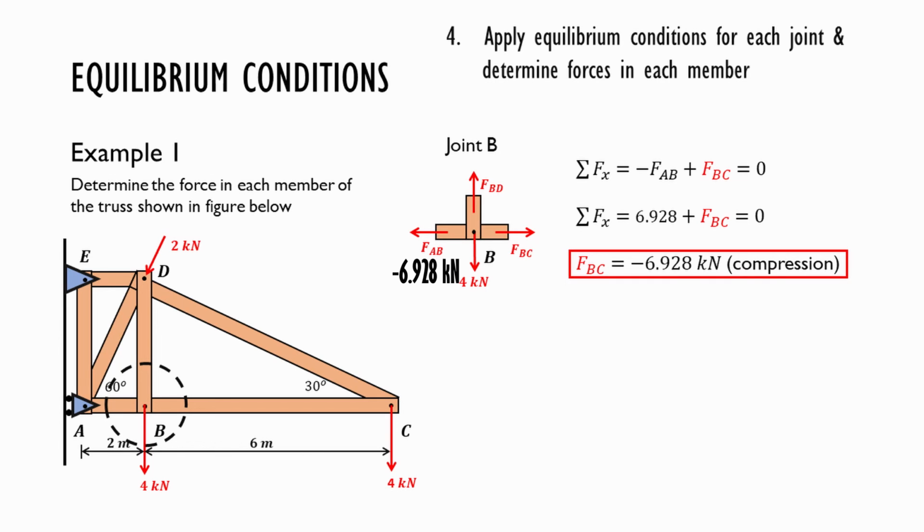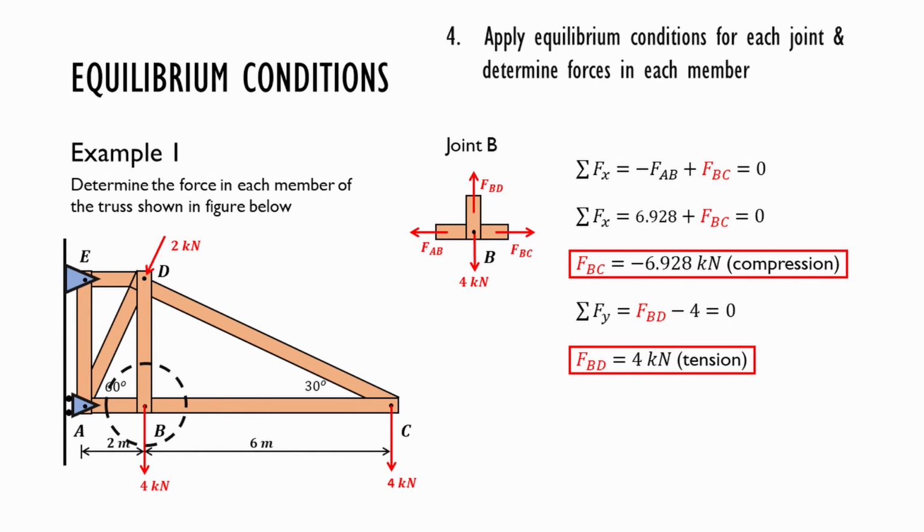Since we know Fab, we can solve for Fbc, which is negative 6.928 kilonewton. Since it's negative, it's in compression. Sum all the forces in y direction. Sigma Fy equals Fbd minus 4 equals 0. Thus, Fbd is 4 kilonewton. Since it's positive, it's in tension.